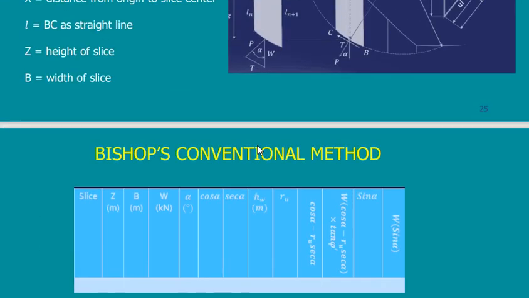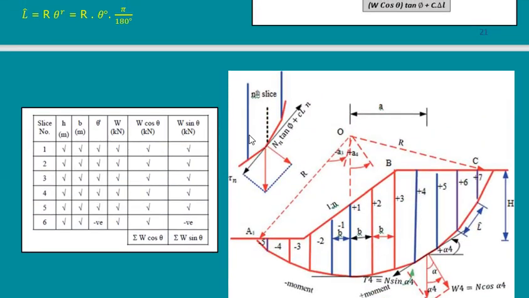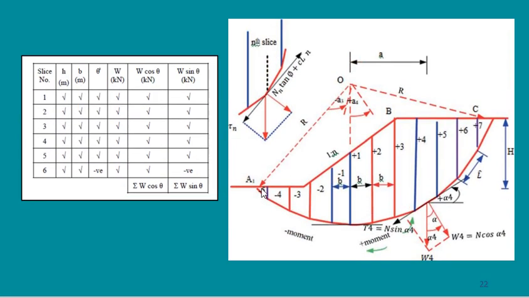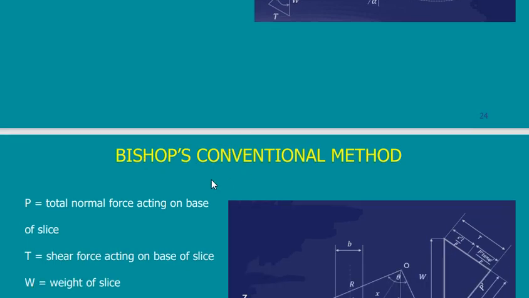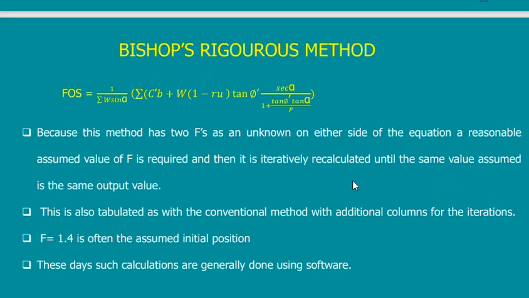So we tend to say it is enough to work with this method. If we need to use another method for confirmation, you may use the method given by Bishop, which is the conventional method, but Bishop's rigorous method is very complicated, and it will be very difficult for us to use it in this syllabus.